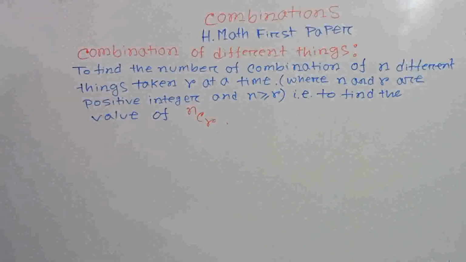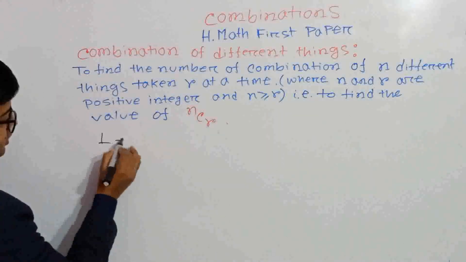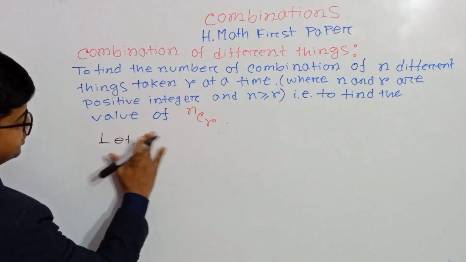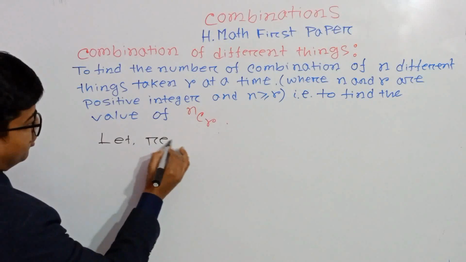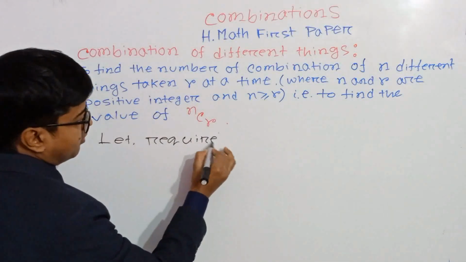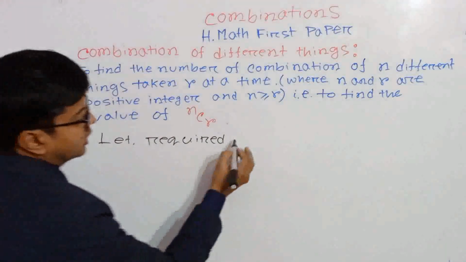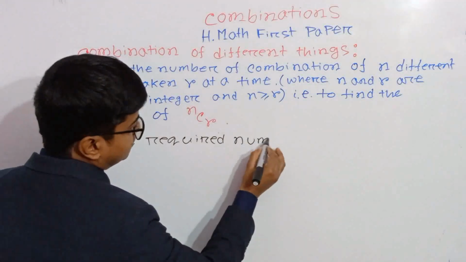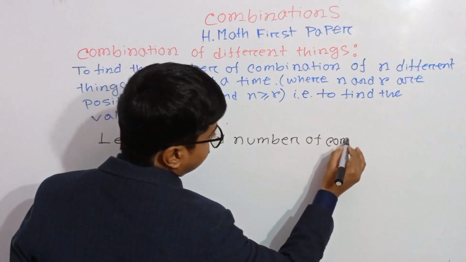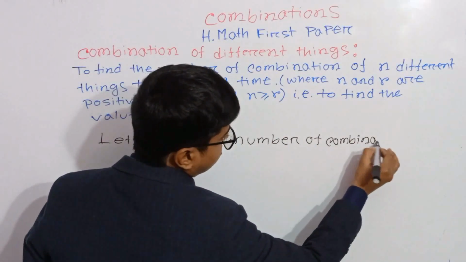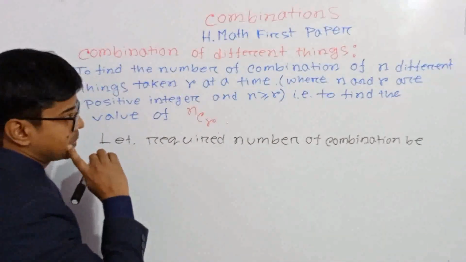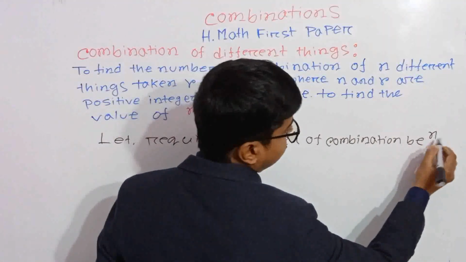Let the required number of combinations be nCr.